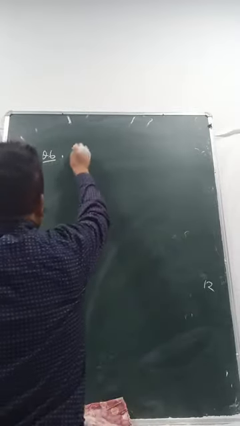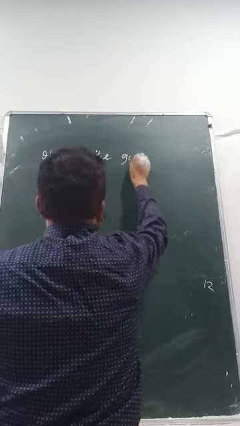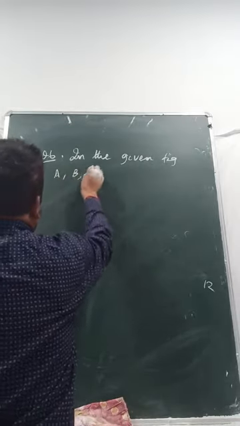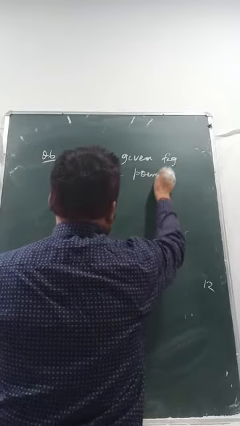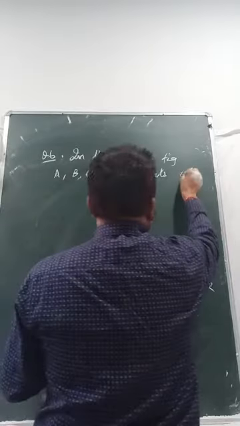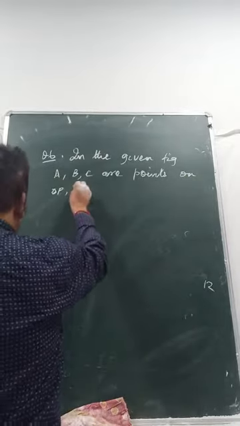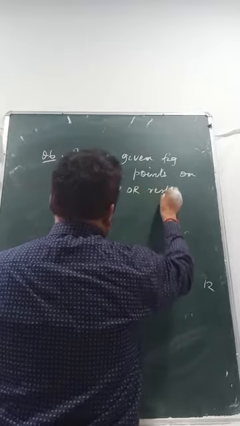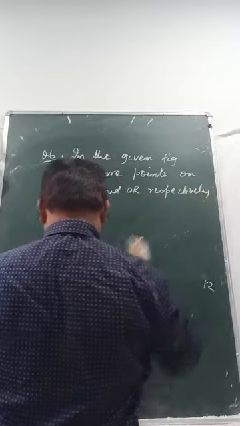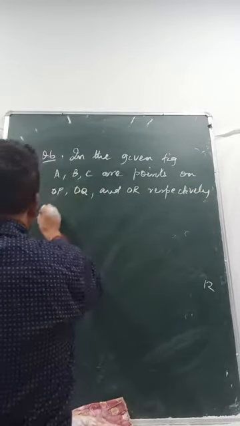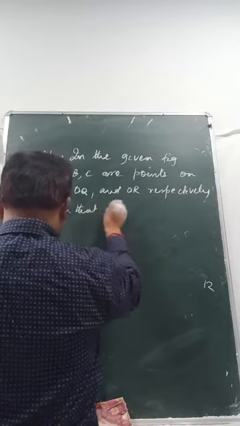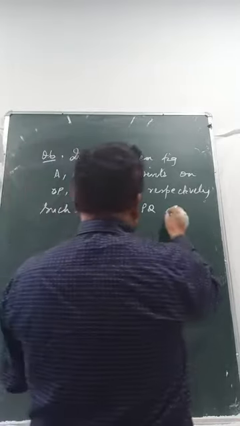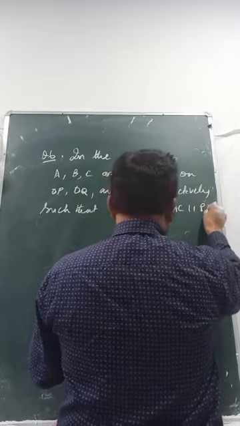In the given figure, A, B, C are points on OP, OQ and OR respectively such that AB is parallel to PQ, AC is parallel to PR.